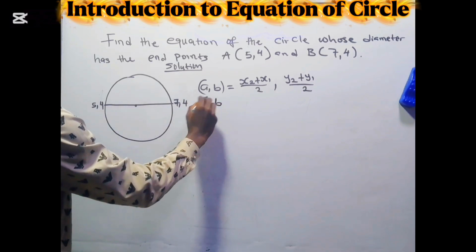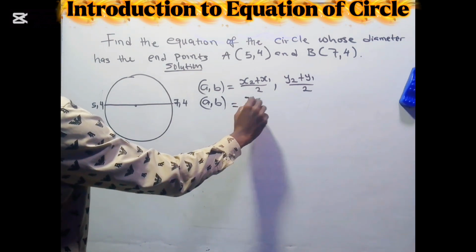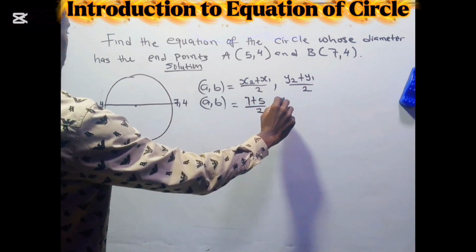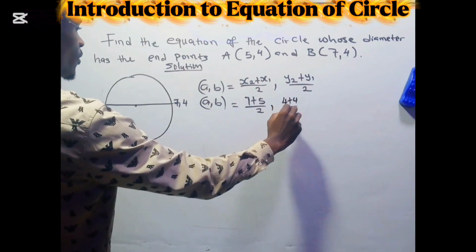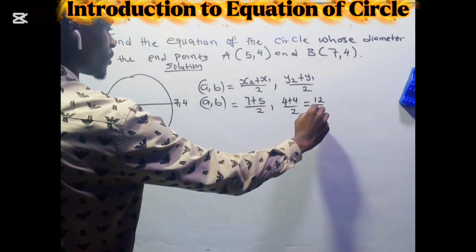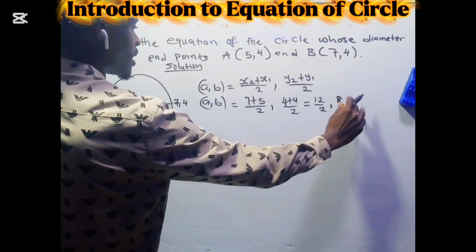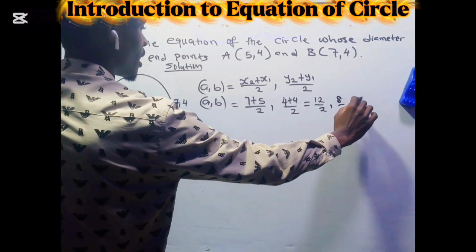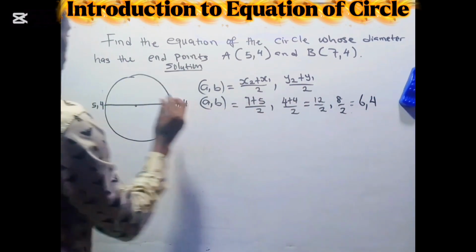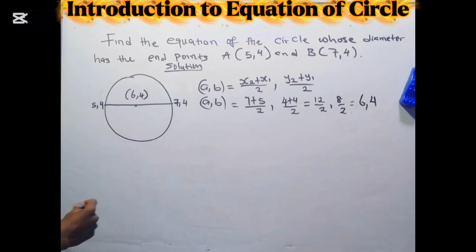So (a, b), which is the center of the circle, will be (7 plus 5 over 2, comma, 4 plus 4 over 2), which is 12 over 2, comma, 8 over 2. That's the same thing as (6, 4). So our center here is (6, 4).